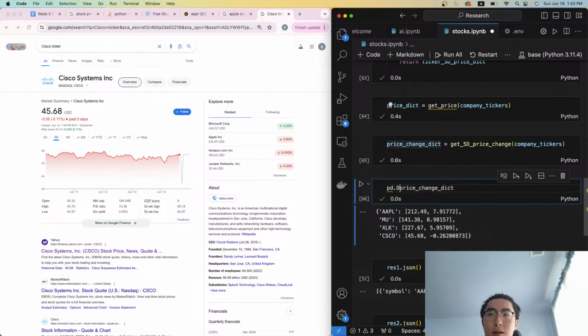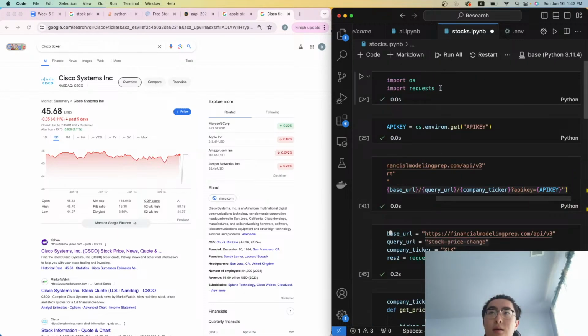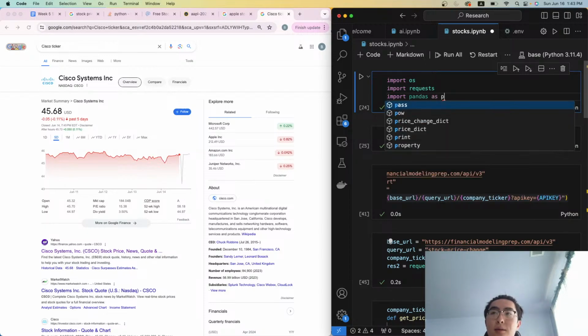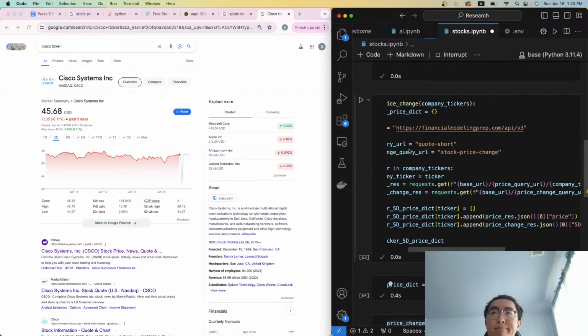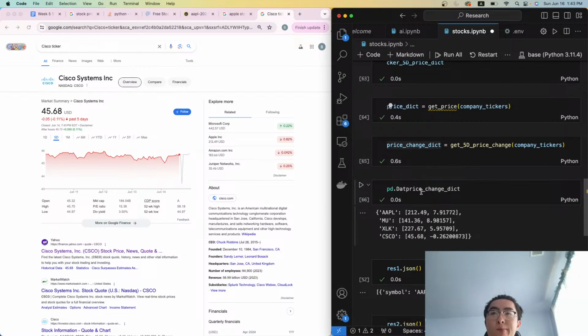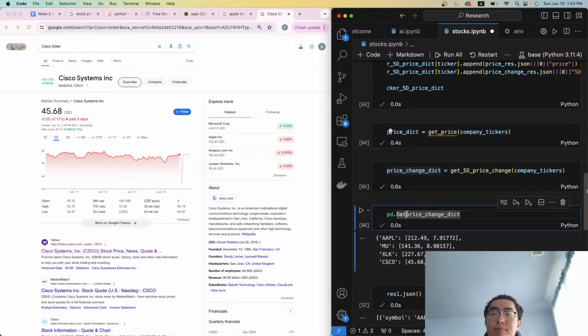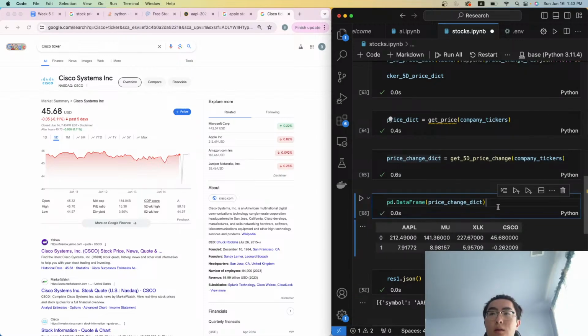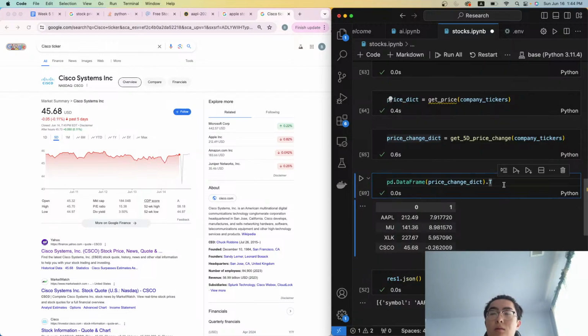Let's maybe pd.DataFrame, import pandas as pd. Transpose. So this is the price. Okay, I think that's how I'll do it.